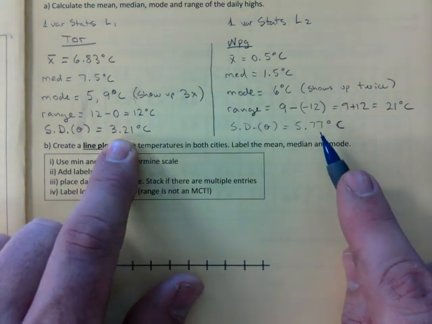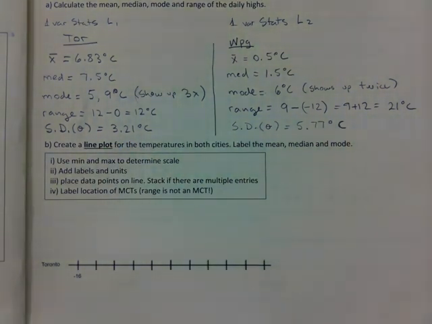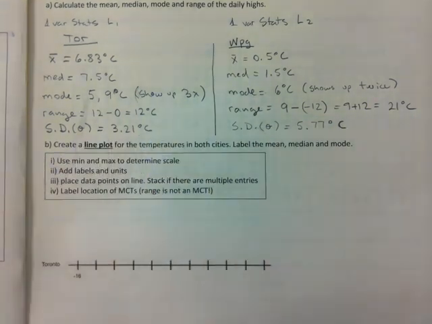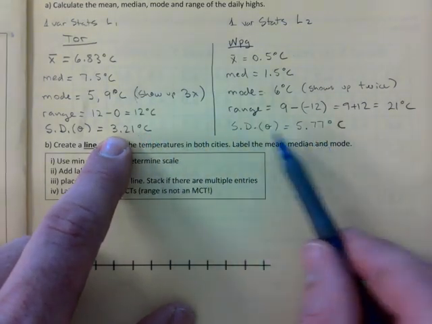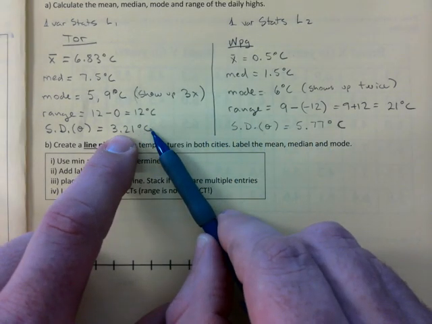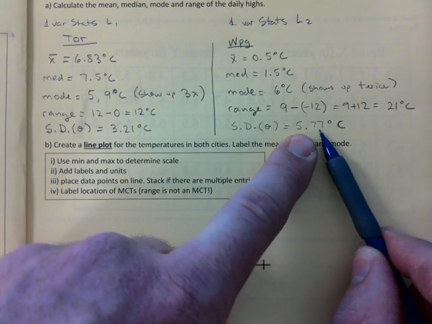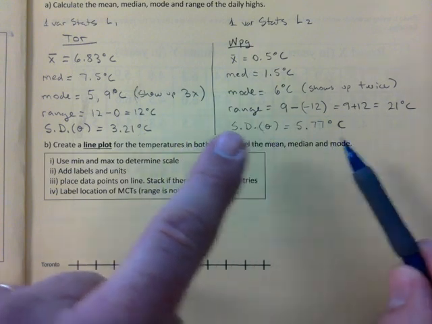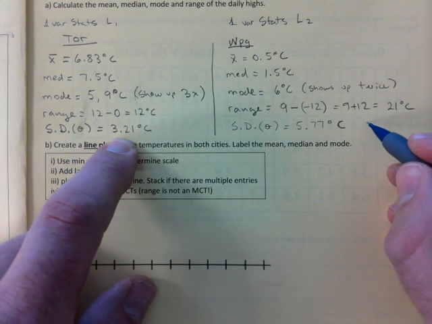Would it make sense as well? Winnipeg's temperatures are all over the place, right? They're a bit more scattered. They're super low and then super high. Toronto's temperatures are a little bit more clustered. If we were to draw the curve for each one of these, this one would have a steeper curve. This one would be flatter because it's spread out more.